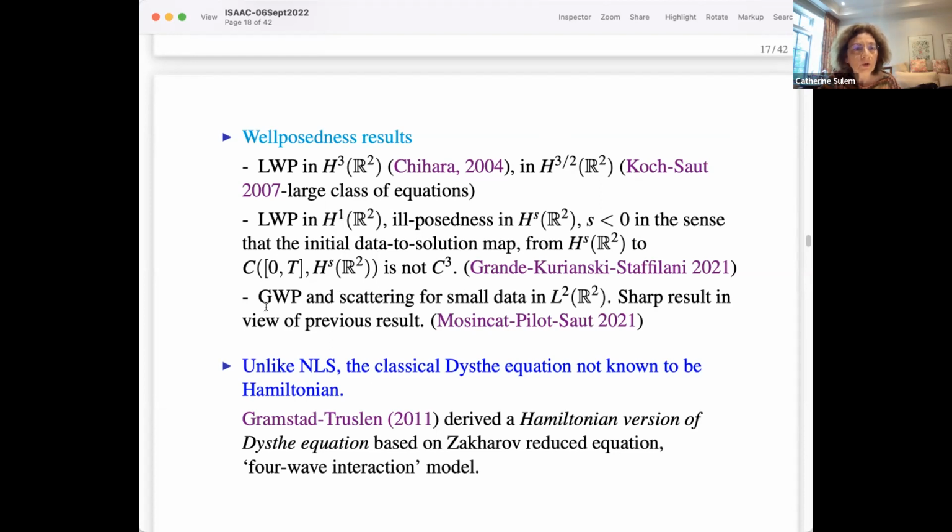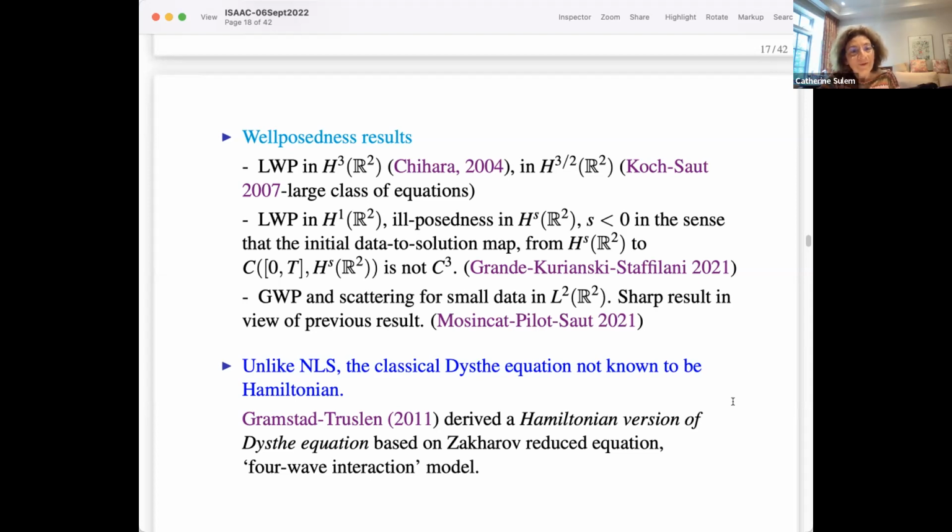And simultaneously, global well-posedness and scattering for small data in L2, which, in view of the previous result by Mozinka, Pillow, and So, is a sharp result.